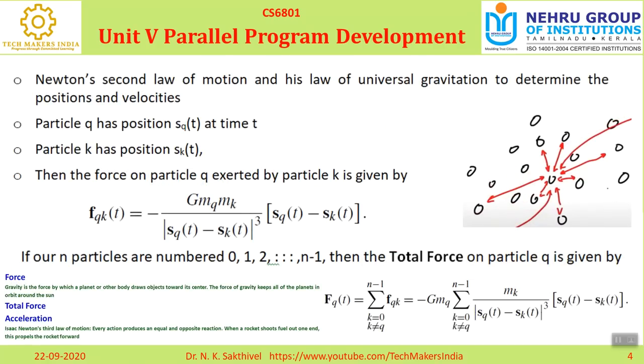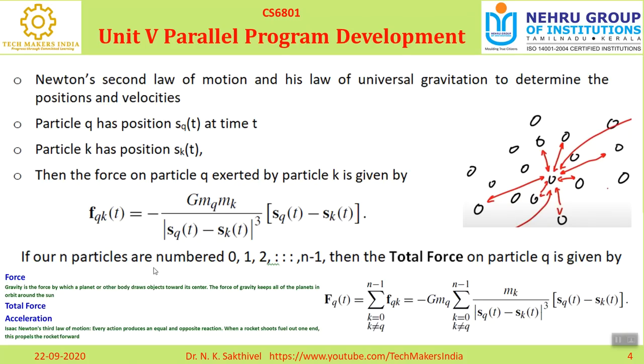So with this help, I can find out the position of the Q particle and the position of the K particle, so that I can calculate the distance. And the distance cube is required. It is a formula to calculate a force. So the denominator is the distance cube, that is R cube. You already studied this in your lower classes, so you know very well.